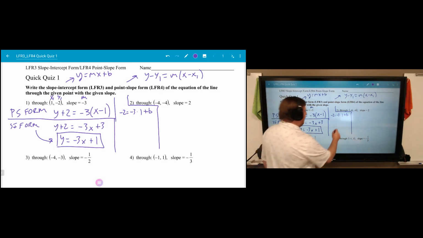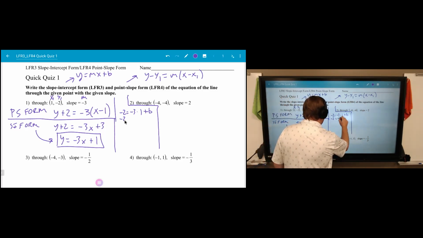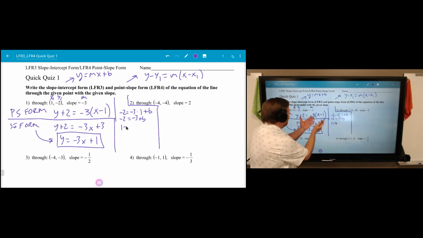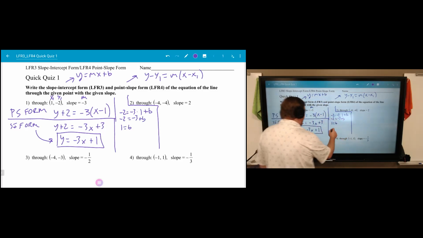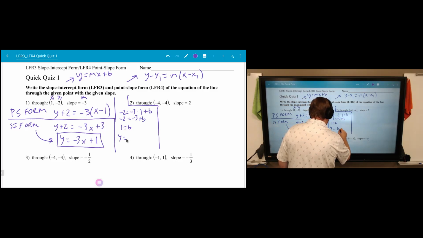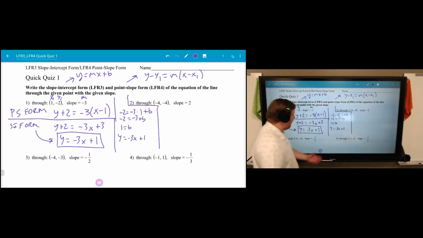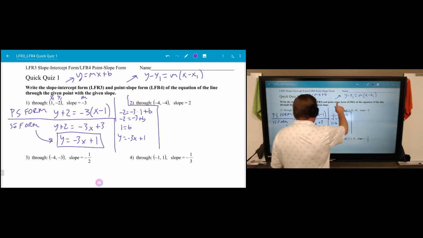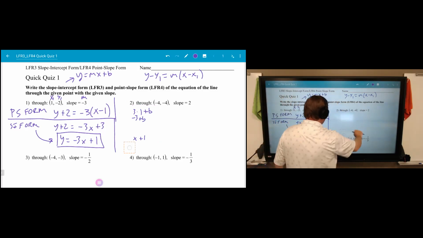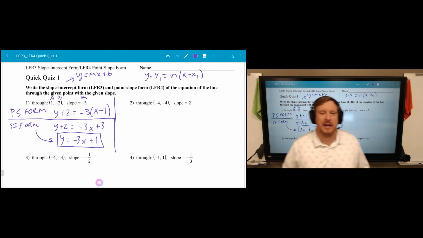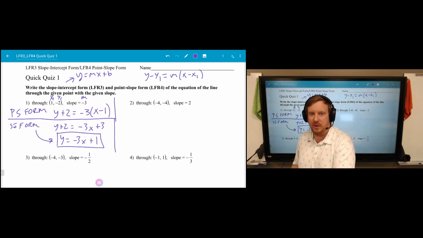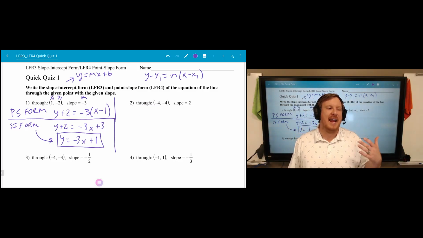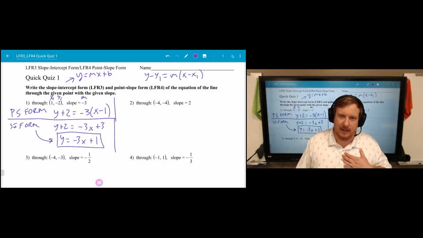We solve for b. Negative 2 equals negative 3 plus b. 1 equals b. So my slope was negative 3, my y-intercept is 1. Y equals negative 3x plus 1. It is the same. There's the proof. However you want to approach it, I'm not telling you you have to do it this way. I'm just showing you an efficient way to get this done.